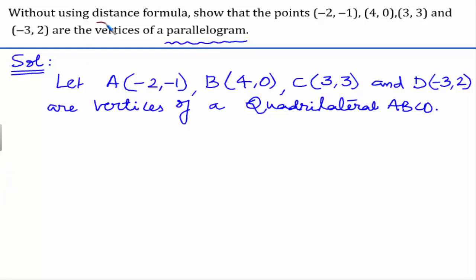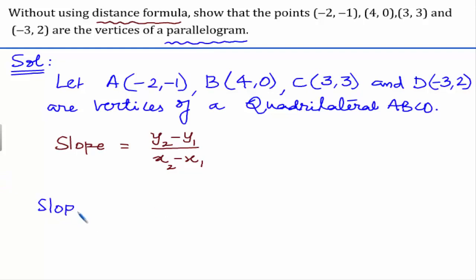As we are not supposed to use the distance formula, let us try to use the slope formula, which is (y2 minus y1) by (x2 minus x1). Here, using the slopes, we will try to find out the slopes of all 4 line segments, and if opposite line segments have the same slope, that means their slopes are equal, therefore they are parallel. Now let us find out the slopes of the line segments.